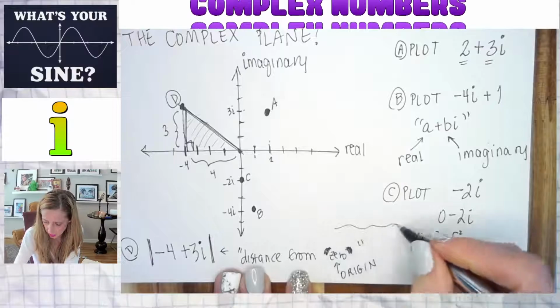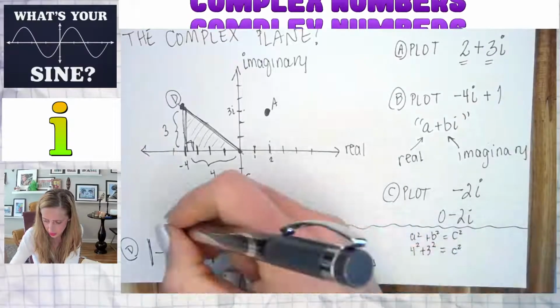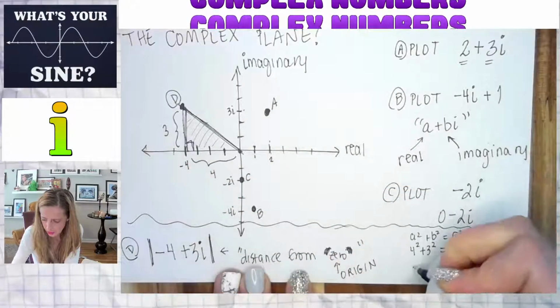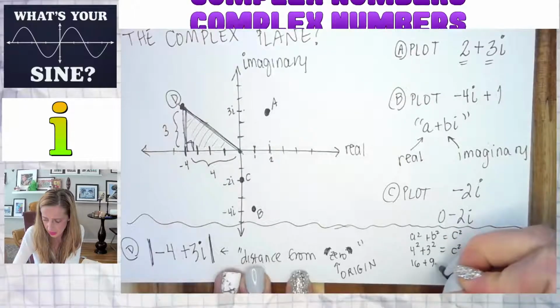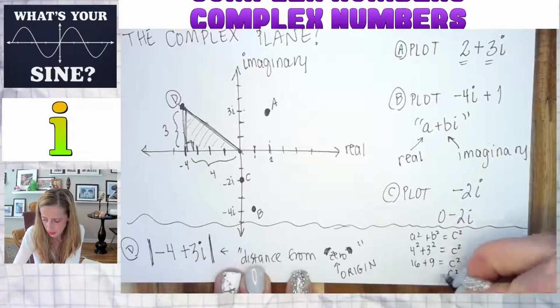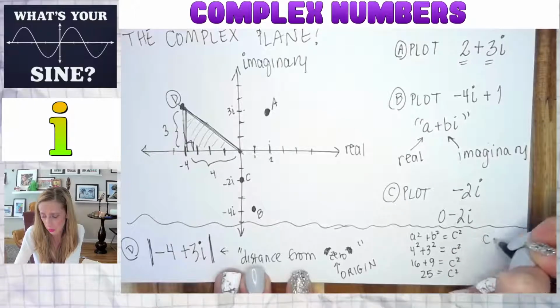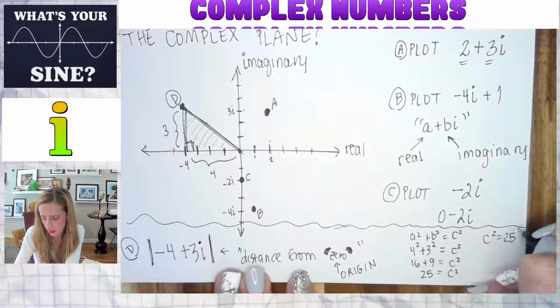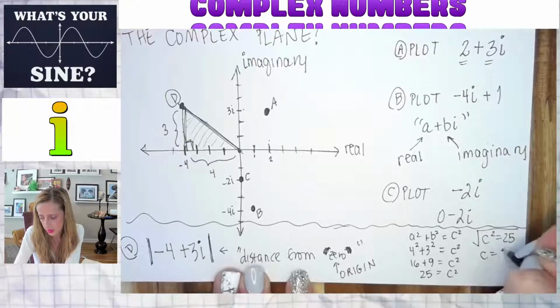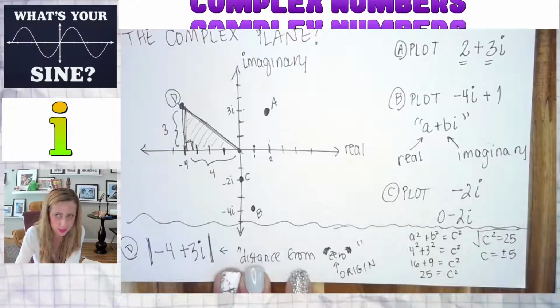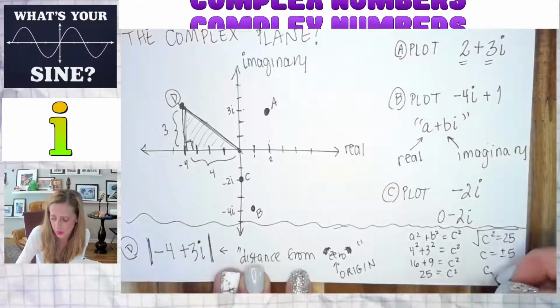Okay, this is all going for part D. Then we have 16 plus 9 is c squared. And then that's 25. Take the square root of both sides. c equals plus or minus 5. But if we're looking for a distance, absolute value, we want to know it in the positive sense.